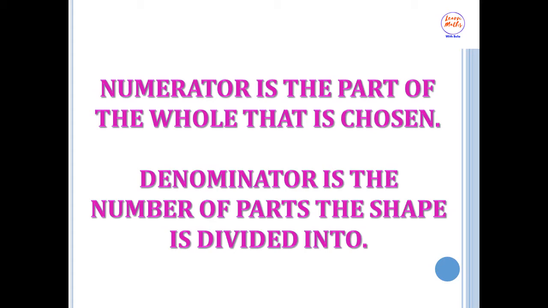So a fraction is not limited to shapes. It can be in terms of population, apartments, and different things. So the numerator is the part that is chosen, and that is usually the part on top, while the denominator is the part beneath.